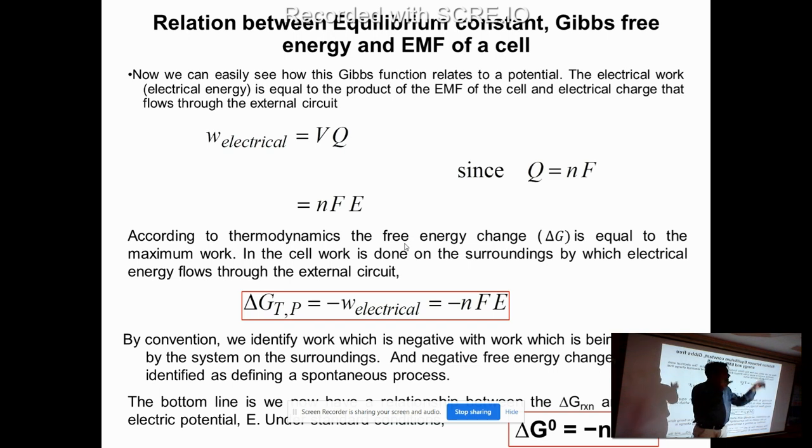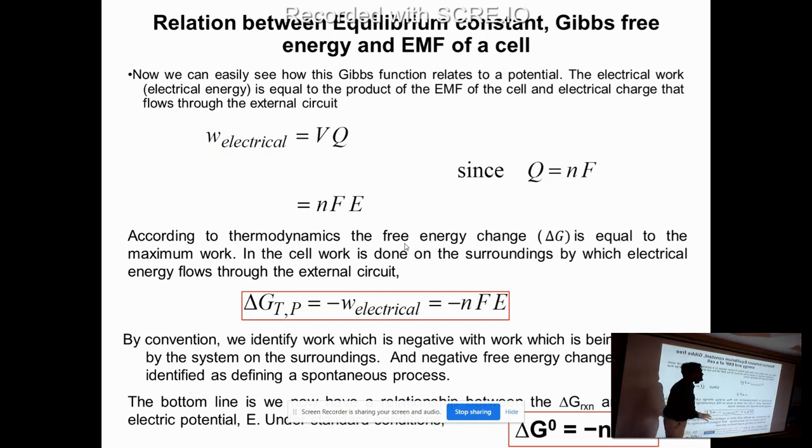You multiply the E values in the series with minus N into F. So if E naught is positive, delta G is negative. That means a spontaneous reaction. So the reaction direction which has been shown is a spontaneous reaction.